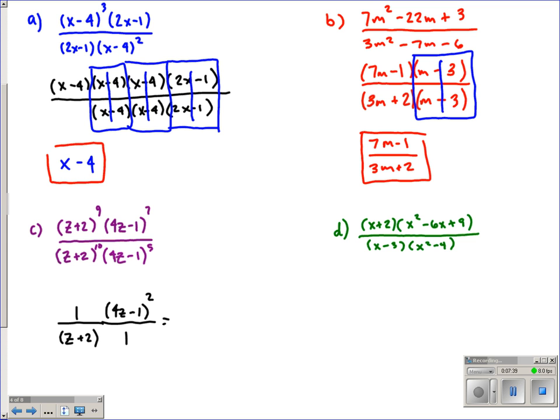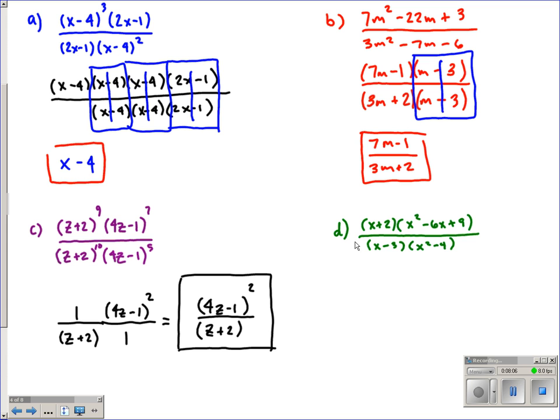So when we put it all back together, we just end up with 4z minus 1, this quantity squared, divided by the quantity of z plus 2.